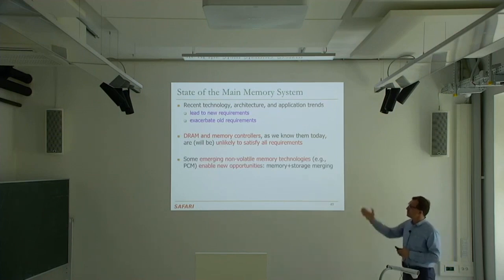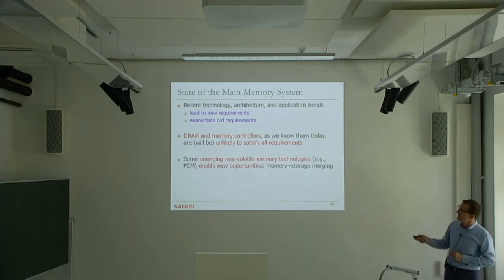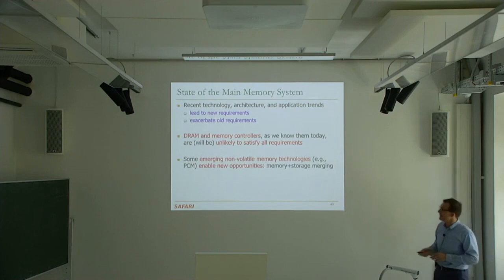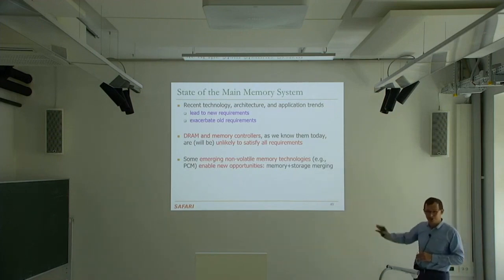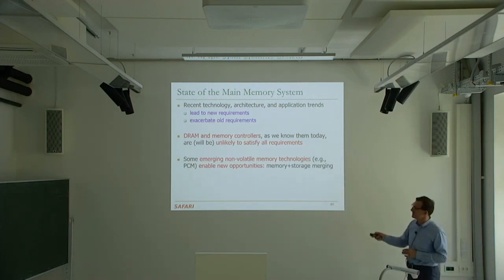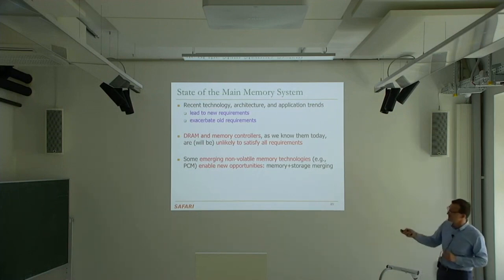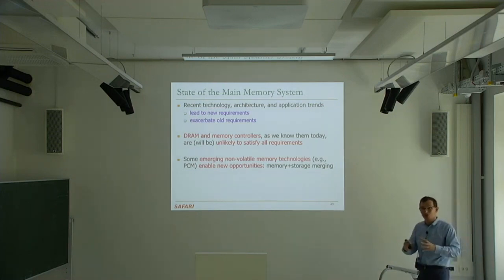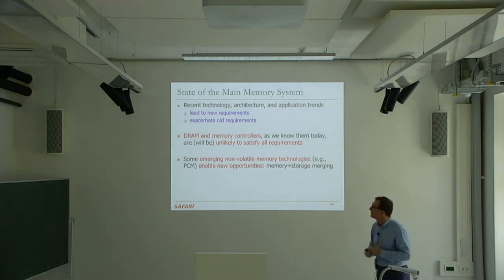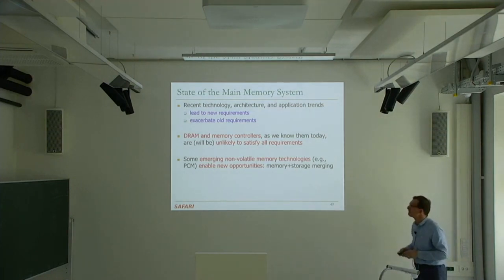And there are some emerging memory technologies that happen to be non-volatile, which enable new opportunities at the same time. So it's actually a very nice time because there are these technologies that are potentially competing with DRAM soon. And these could enable new opportunities that didn't exist before, for example, merging of memory and storage, such that you can store persistent data directly into your cache or into your main memory.